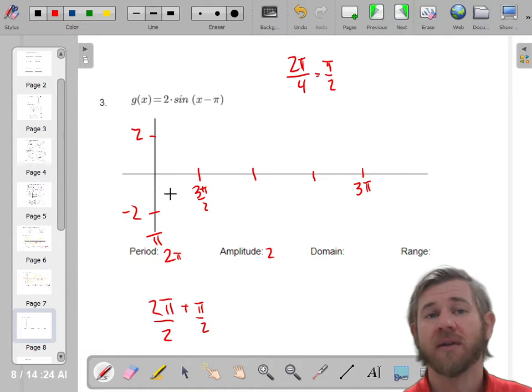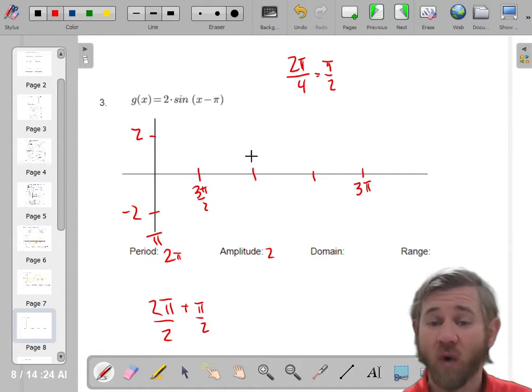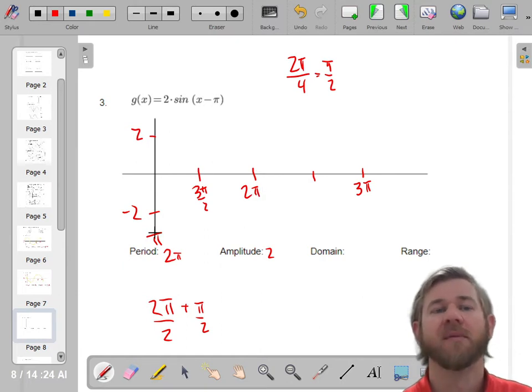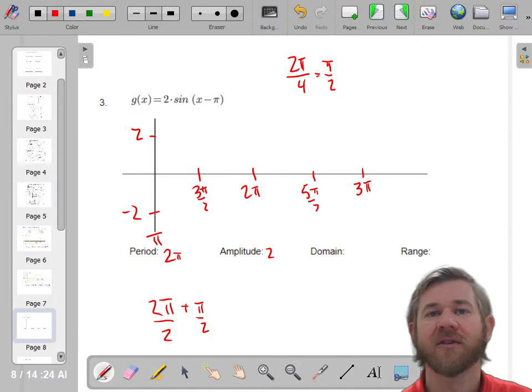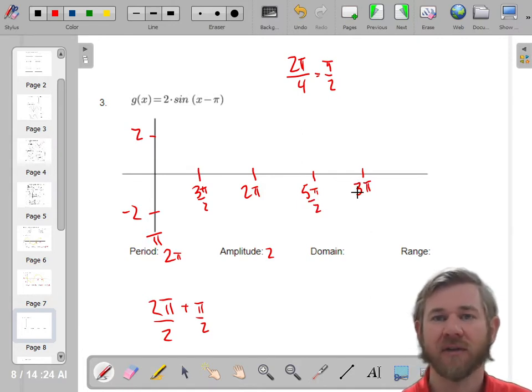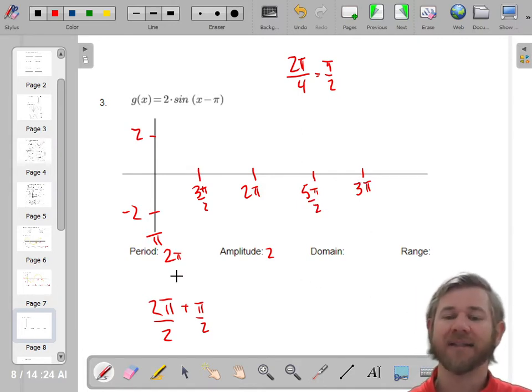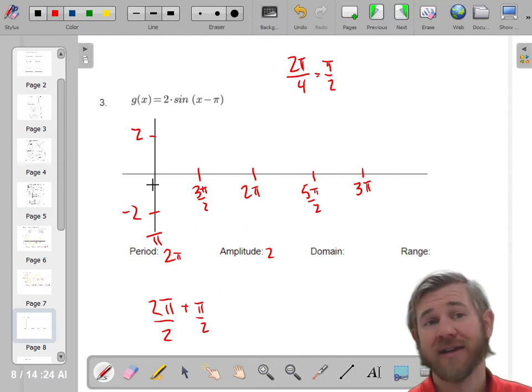If you add another one, so this is 2, 3. Now this is 4 pi over 2. 4 over 2 is 2 whole. 2 pi over 2, 3 pi over 2, 4 pi over 2. This is 5 pi over 2, and then this would be 6 pi over 2. 6 over 2 is 3 whole. So you can still figure out what you're counting by, but if you're not starting at 0, sometimes it can be a little trickier.